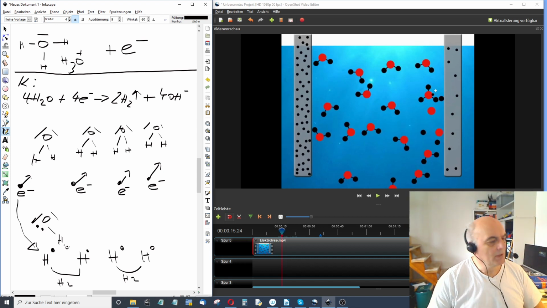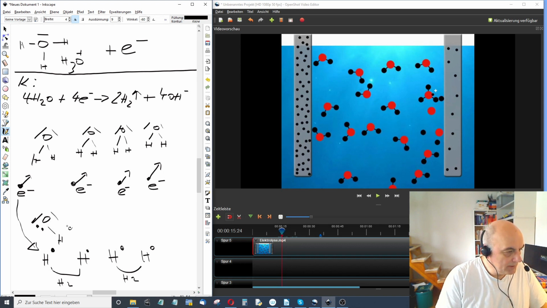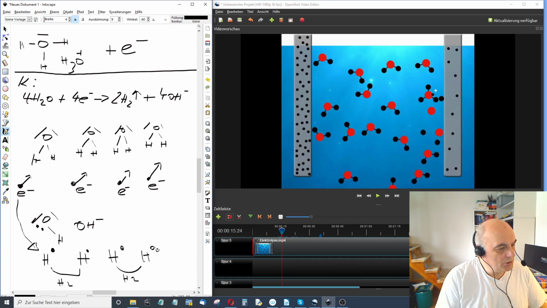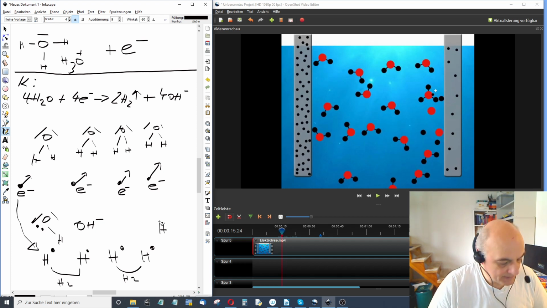The textbook says the electron is a torpedo that splits a water molecule apart into an OH minus and an H, and this is a real H, and the H now combines to an H2. They can find each other miraculously, and that's it.